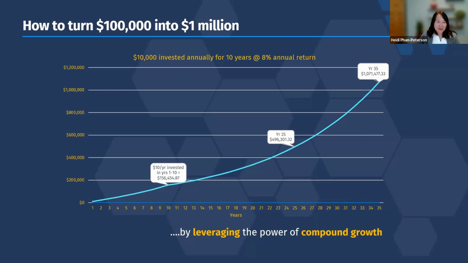There are calculators that will also help you do some planning to see what your money might be worth if you invested $10 a month or $1,000 a year. We can talk a little bit more about that later, but it's a good goal-setting tool and a planning tool.